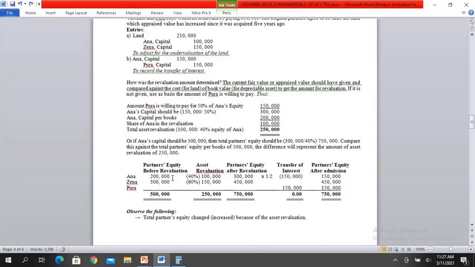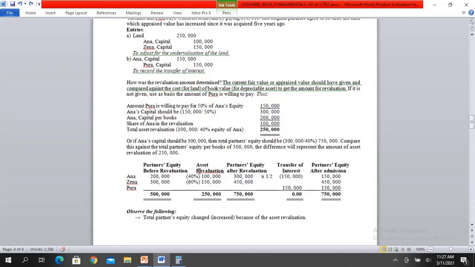So, 200,000, magkano yung 40% ng 200,000? Itong asset revaluation is ito yung total ng bawat partner sa total amount na 250,000. So, 250,000 multiplied by 40% is 100,000. 250,000 multiplied by 60% is 150,000.